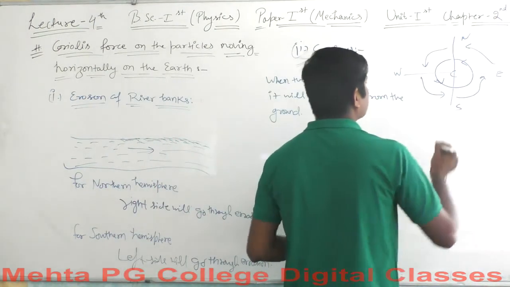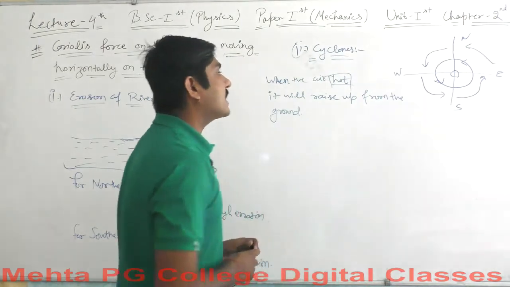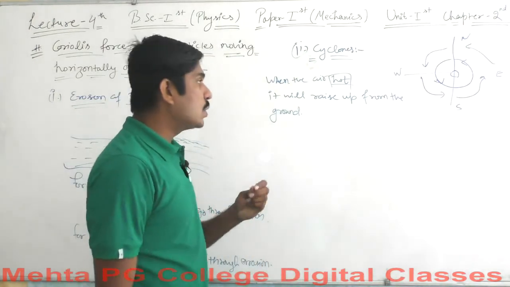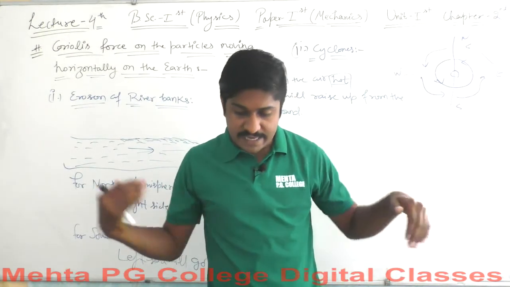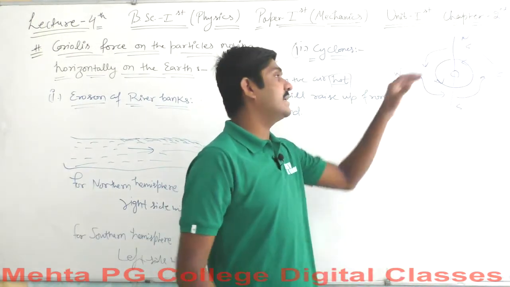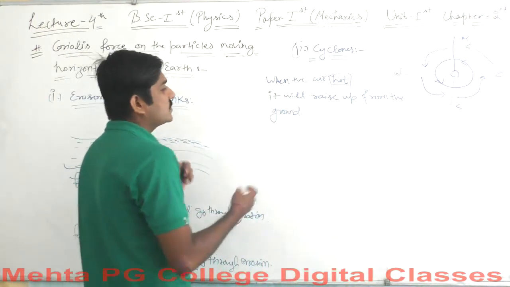Let's say this is the center, not C but the center O here. So it will create a center which has no air inside it. Yes, the center has no air inside it, but the air is all revolving around this center. And due to this Coriolis force effect, again we got a Coriolis force effect here.